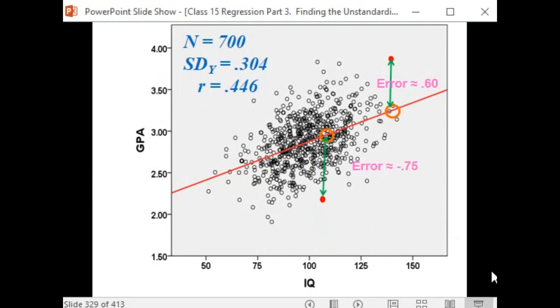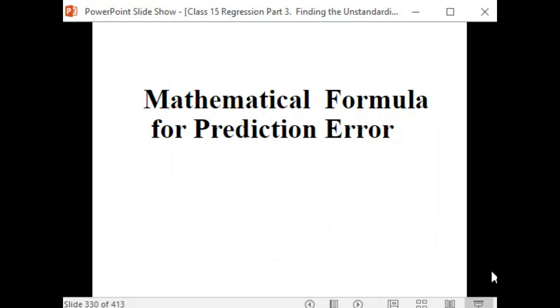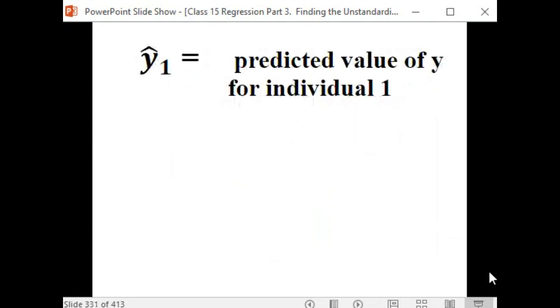Now, there's a mathematical formula we can use to calculate the error for any individual. Before I show you the formula, I'm going to introduce you to some new mathematical symbols. First is the symbol for the predicted value of y for individual 1. This is the value of y that the regression line predicts for a particular individual.